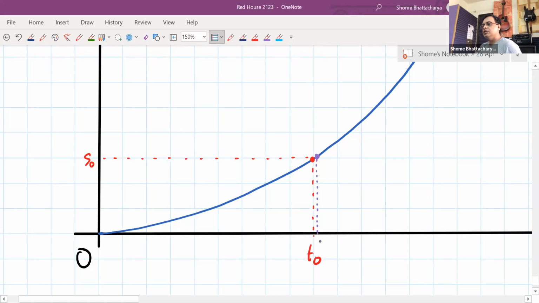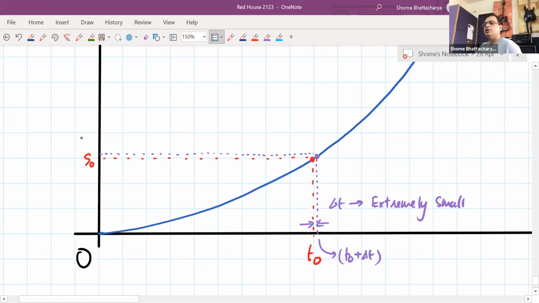So this time here would be t naught plus delta t, where this interval of time is extremely small. And that would correspond to a small distance traveled in that very small interval of time. So it's like the rotation of one wheel of the car which has happened during that very small interval of time.